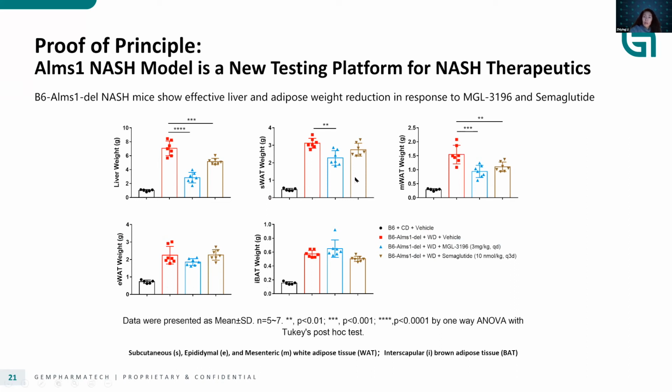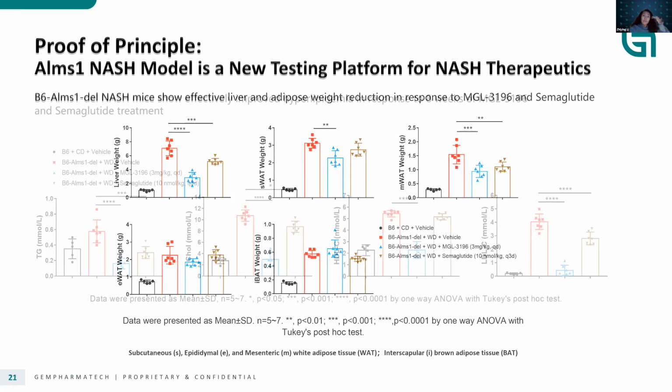At the same time, the drug treatment can also reduce the weight of the white fat in different fat depots. So this is the subcutaneous white fat, this is the mesenteric white fat, as well as the epididymal white fat. And then surprisingly, in the interscapular brown fat, there's no difference between the drug-treated versus the untreated animals.